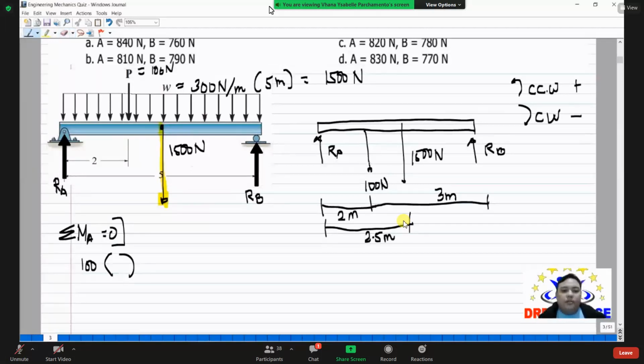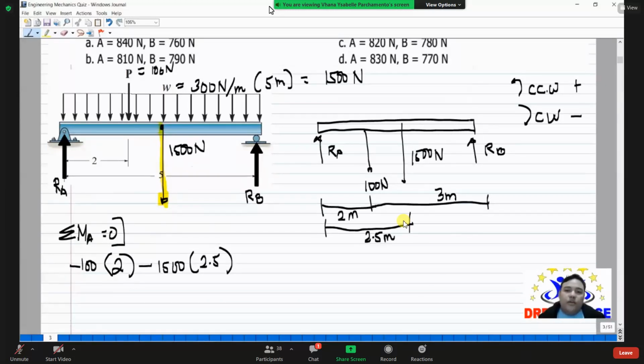Ayun, mali. 100 times yung lever arm natin papunta sa A, so that is 2. So that is negative kasi pa-clockwise yung kanyang direction. Dito naman, sa ating 1,500, papunta rin clockwise direction. So minus 1,500 and the lever arm, distance from yung force going to A is 2.5.